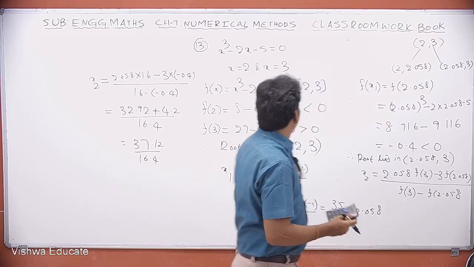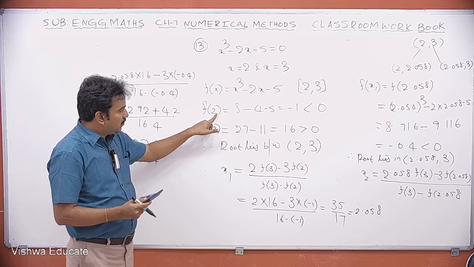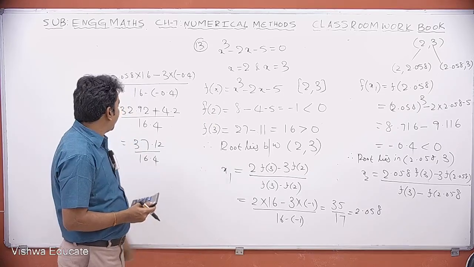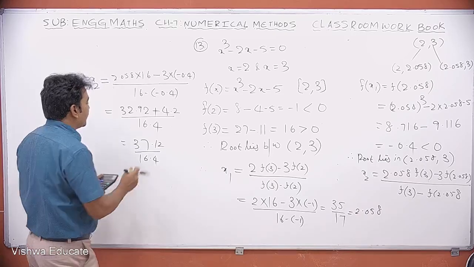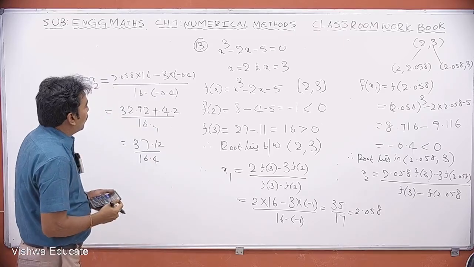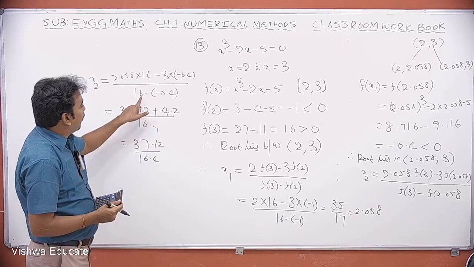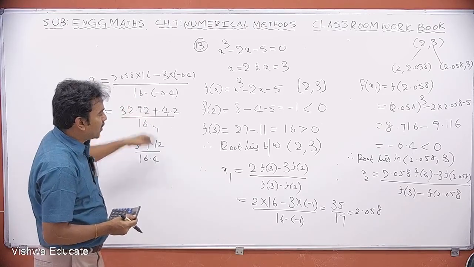The function is x cubed minus 2x minus 5. So f of 2 is minus 1. F of 3 is this. Okay, this expression is f of 3 minus f of 2.058.